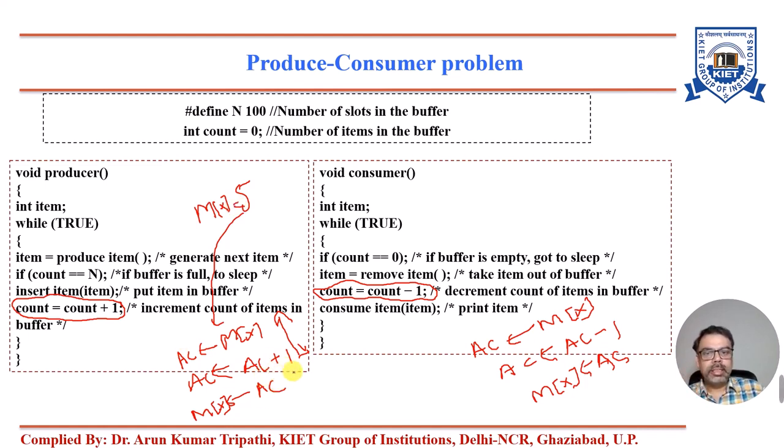Now the accumulator will increment its value, and before updating the value at that memory location, there is a switchover from the producer process to the consumer process. Again, it will read the memory location value at X, so it still finds the value 5. It will store the value 5 and decrement it by 1, that means 4.